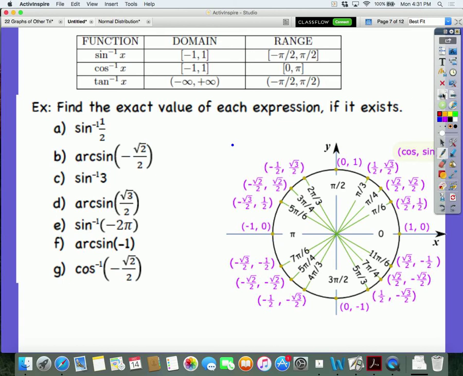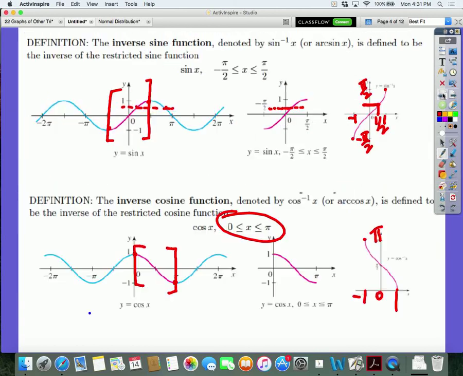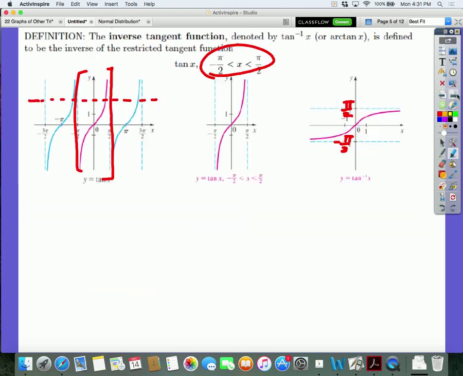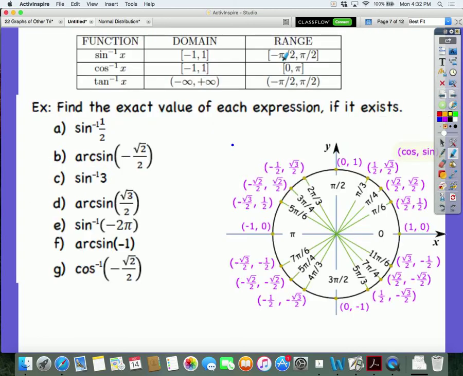Well, if you recall from the previous video, in order for sine to have an inverse, it has to be bounded between negative pi over 2 and positive pi over 2 so that it will pass the horizontal line test, as you see right here in this picture. Bounded between negative pi over 2 and pi over 2 included. And remember, inverses are when you flip your x's and your y's. So that is why that's important.